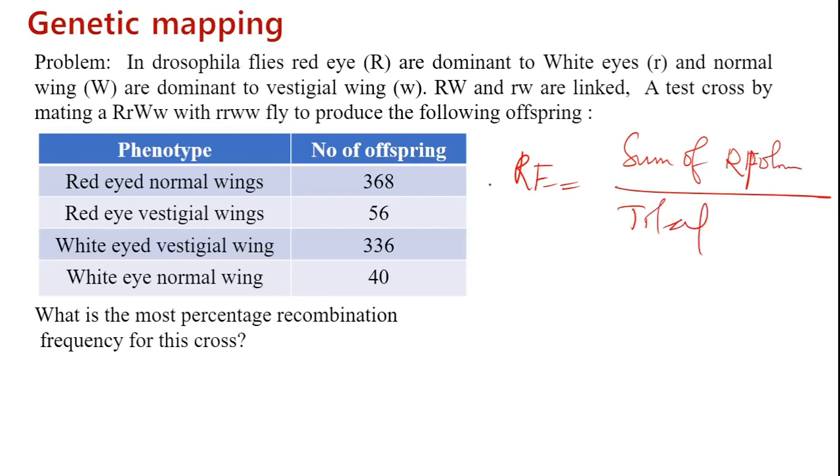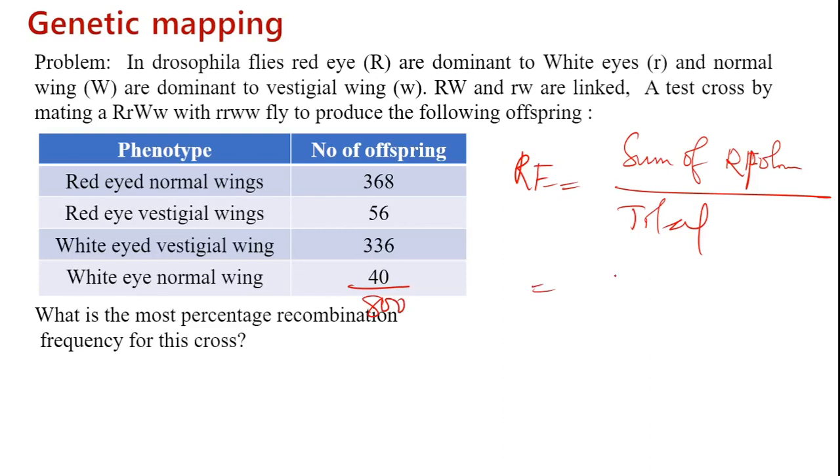We need to sum up this population first. 368 plus 56 plus 336 plus 40, that will give you 800, right?